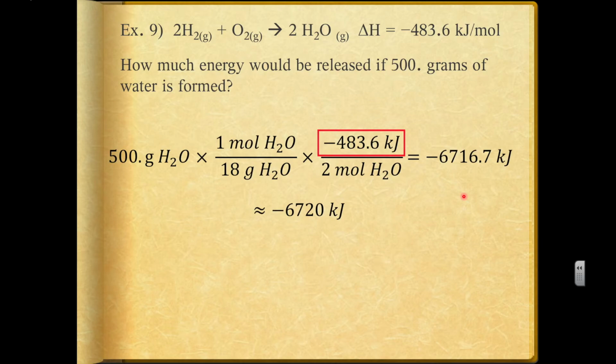This negative 483 came from right there, all right? And this 2 comes from right there because there are 2 moles of water produced. Everybody should be cool on this step. So then you just have to convert moles into kilojoules just by doing this, okay?